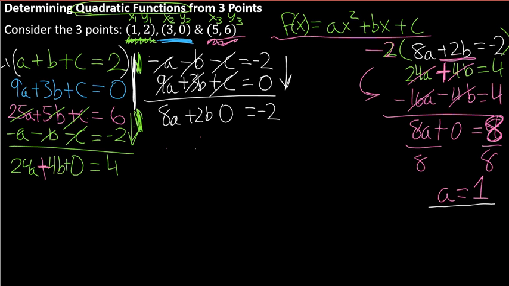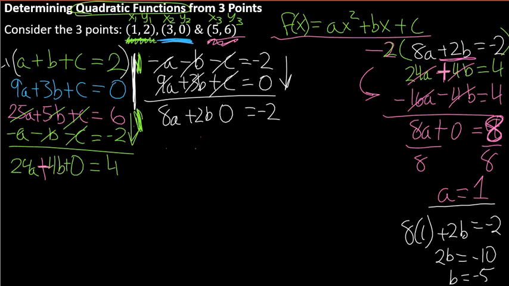So, if a is 1, I can go ahead and do 8 times 1 plus 2b is equal to negative 2. Then I'm going to subtract 8 from both sides, because 8 times 1 is just 8. So that's going to give me negative 10. Then I'm going to divide by 2 on both sides. B equals negative 5. Okay, so I have 2 of my answers.